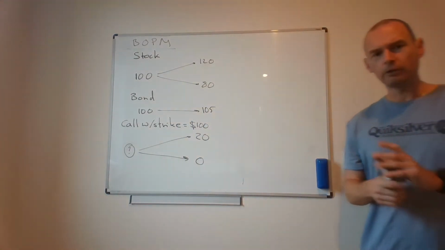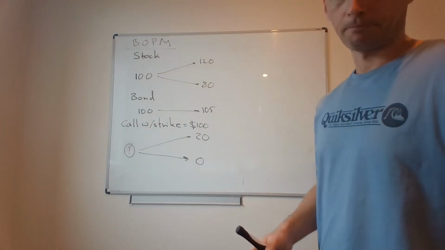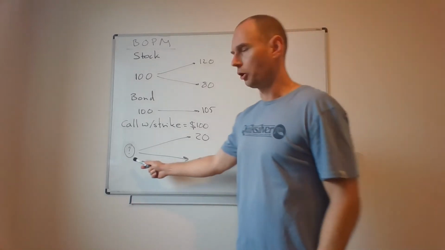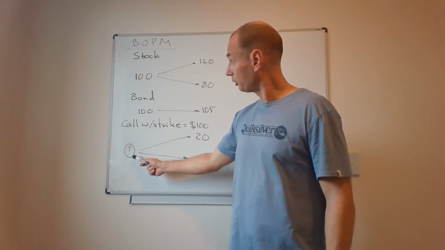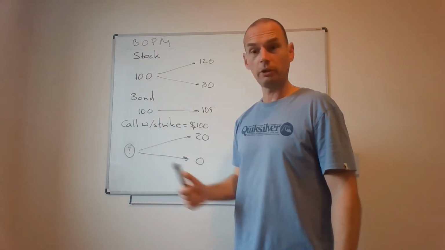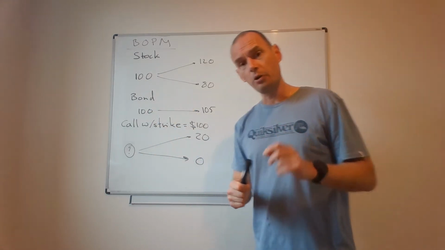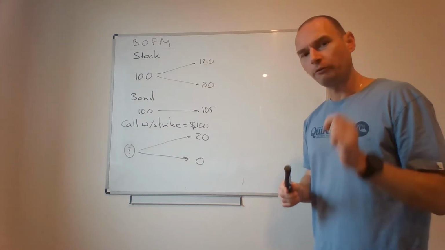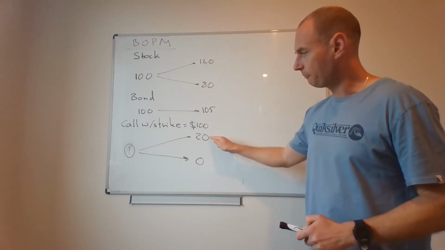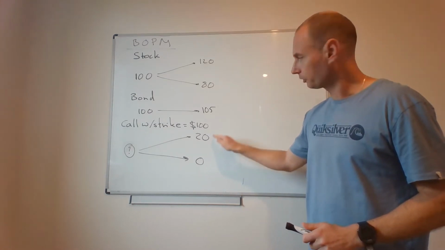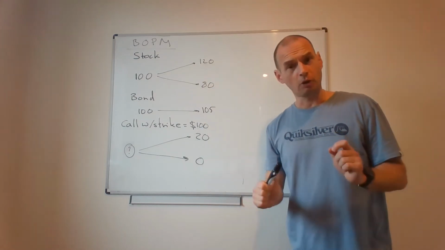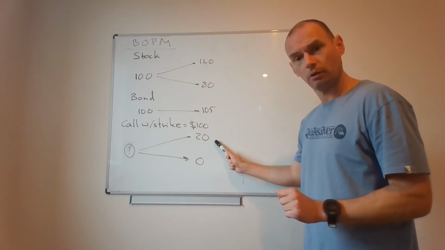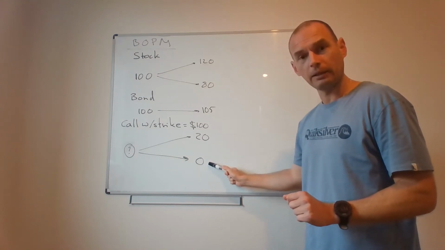All right, so here is the trick here. I do not know how much this option costs, but I do know how much bond and a stock cost. What I am going to do is create a portfolio that will give me exactly the same payoffs as my option. I will create a portfolio of a stock and a bond that pays me $20 in a good state and 0 in a bad state.